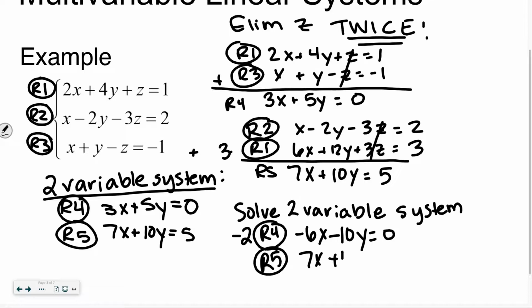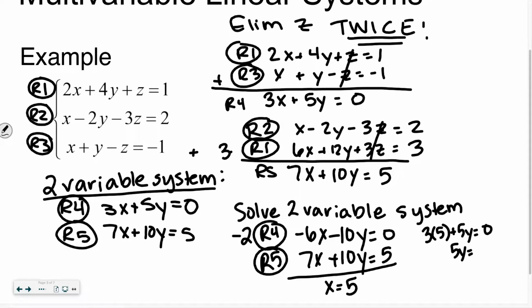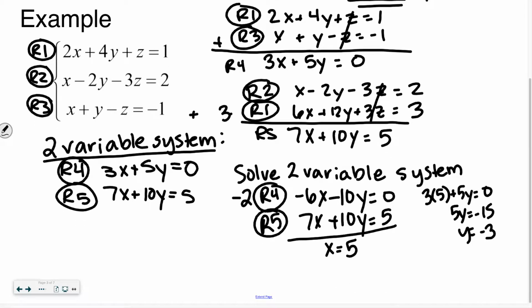Okay, I'm choosing to eliminate the y's, so I get x equals 5. Plug in that 5, so 3 times 5 plus 5y equals 0. That's 5y equals -15, so y equals -3. And then to get my z in the end, I have to go back and use one of my original equations, so 1, 2, or 3.